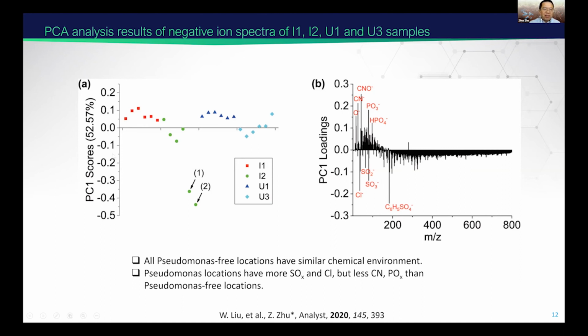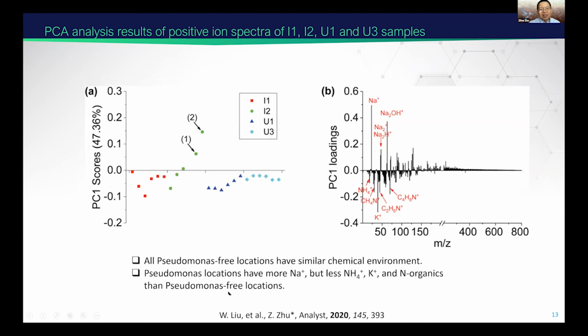Based on the PC1 scores, the Pseudomonas area has a relatively low score. So that is to say the Pseudomonas location has more negative PC1 species, more SOx and chloride, but less CN and phosphorus-related species than Pseudomonas-free locations.